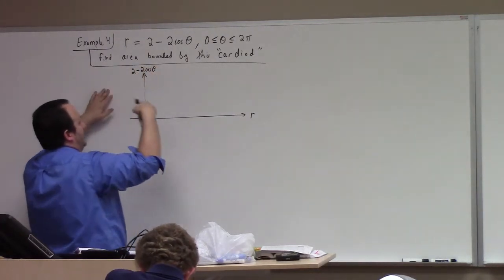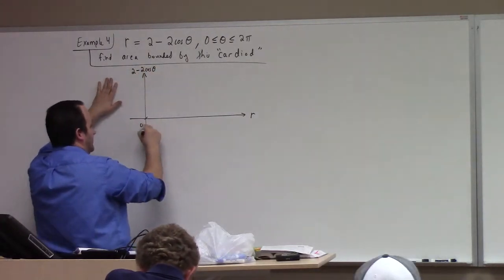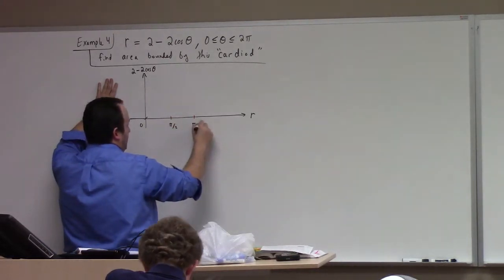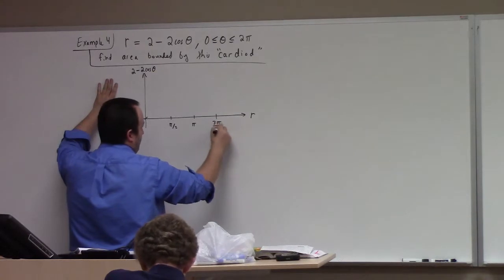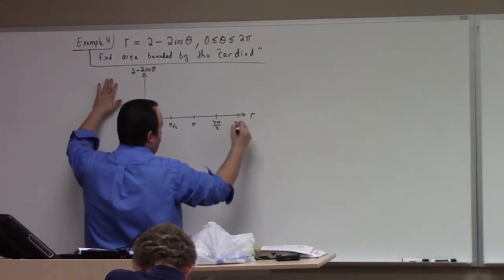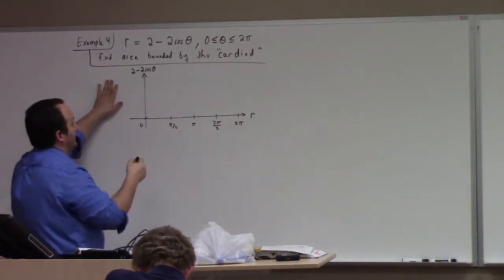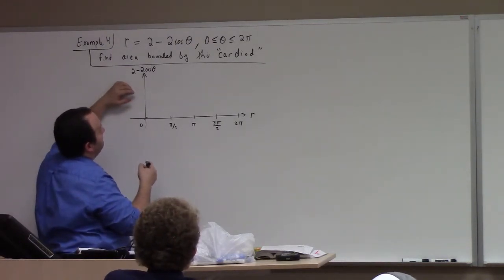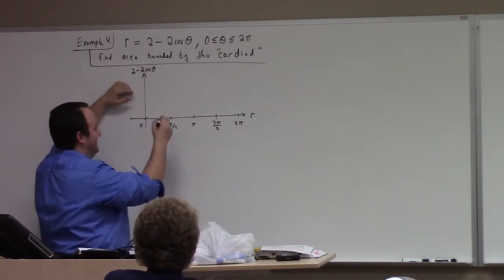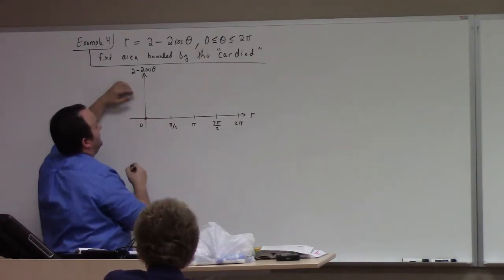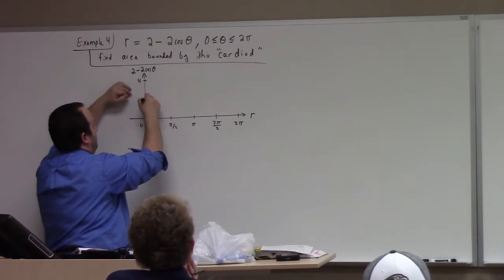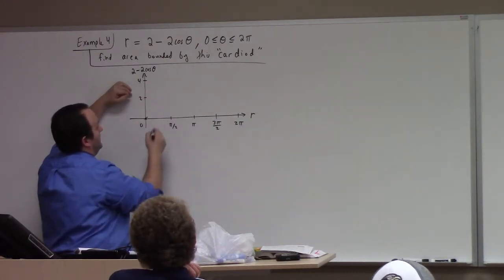Now, when I plug in theta equals 0, let's do 0. Let's do pi over 2. Let's do pi. Let's do 3 pi over 2. Let's do 2 pi. Plug in 0, what do we got? Oh, we got 0, don't we? Right? What happens at pi over 2? We get 2.